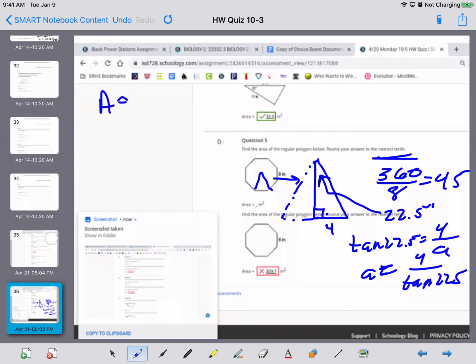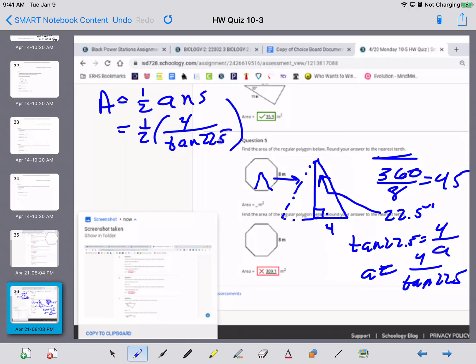My area of my polygon is 1/2 a n s. 1/2, where a is 4 over tangent of 22.5, and n is the number of sides, 8. s, the length of the sides, is 8, which is 64, 8 times 8.